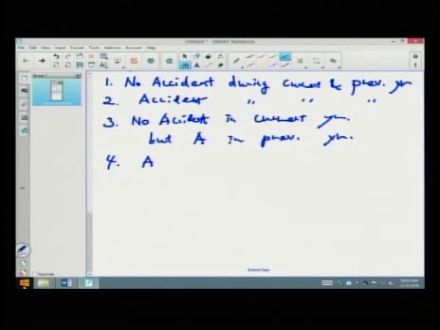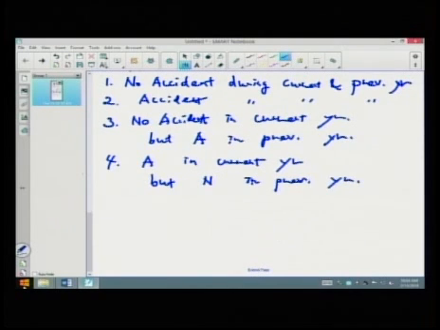So there is an accident in current year, but there is no accident in previous year. Okay? Of course, we are assuming that at the end of each year, the policy holders will be determined to be in one of these 4 states. Okay? That is our assumption.